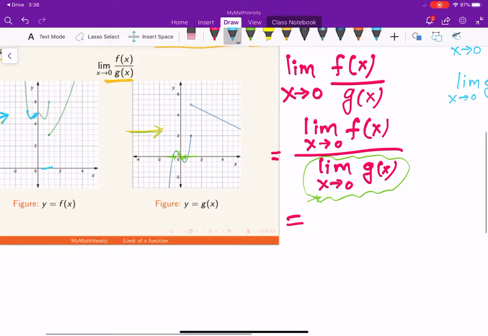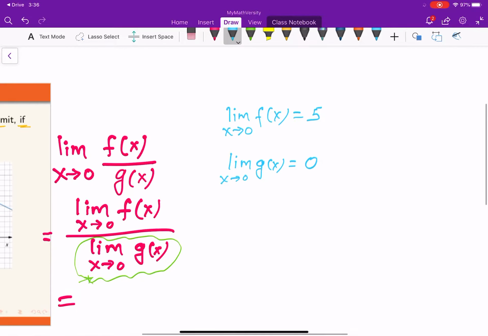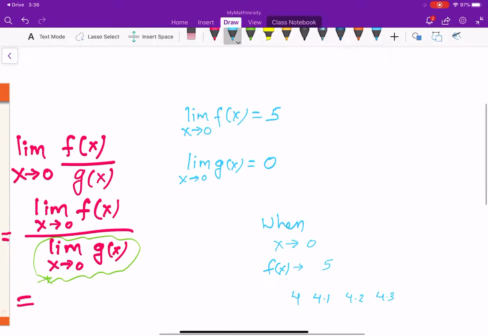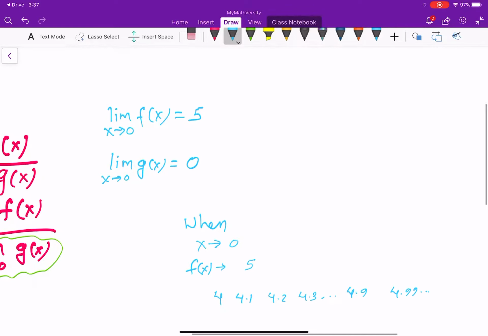So maybe the pattern for the function f is something like, when x gets closer and closer to 0, the f of x approaches 5. I know this is 5, but how does it approach? Maybe first 4, and then 4.1, 4.2, 4.3, right? And then let's say 4.9, 4.99, and so on. This is how it approaches 5, right?